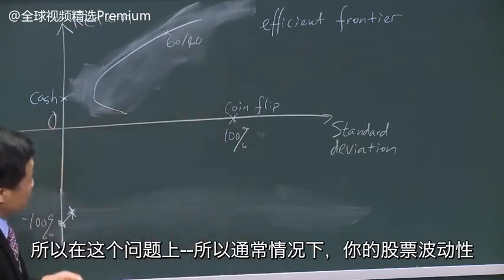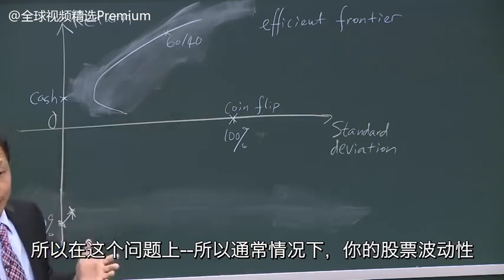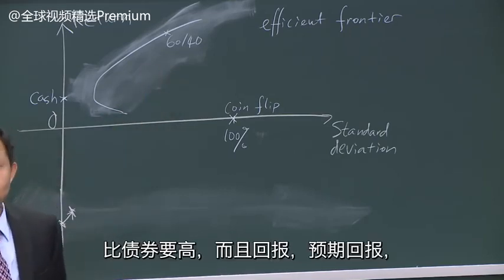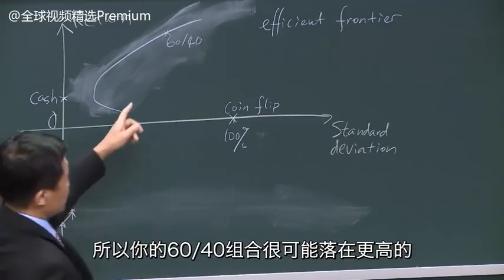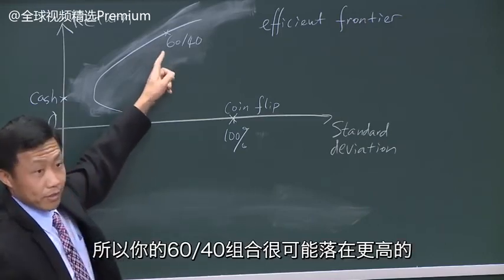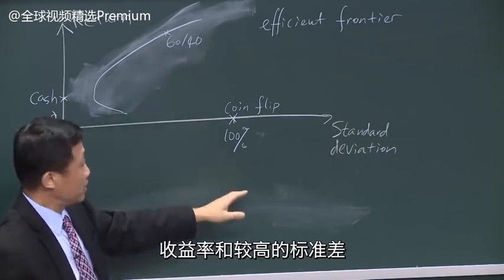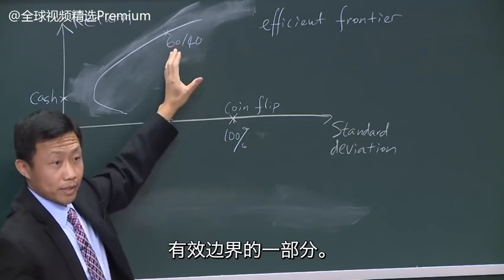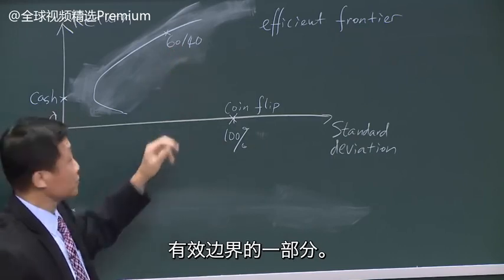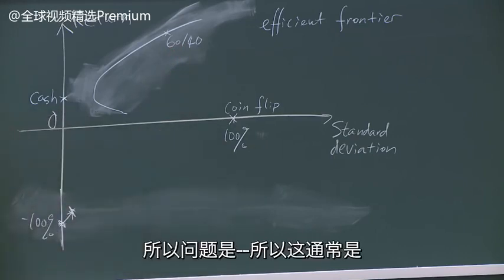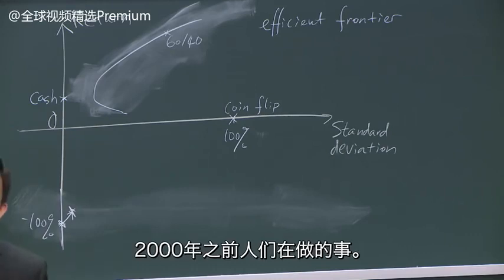Typically, stock volatility is higher than bonds, and the expected return is also higher. So your 60-40 combination is likely to fall on the higher return and higher standard deviation part of the efficient frontier. That's what people typically did before 2000.